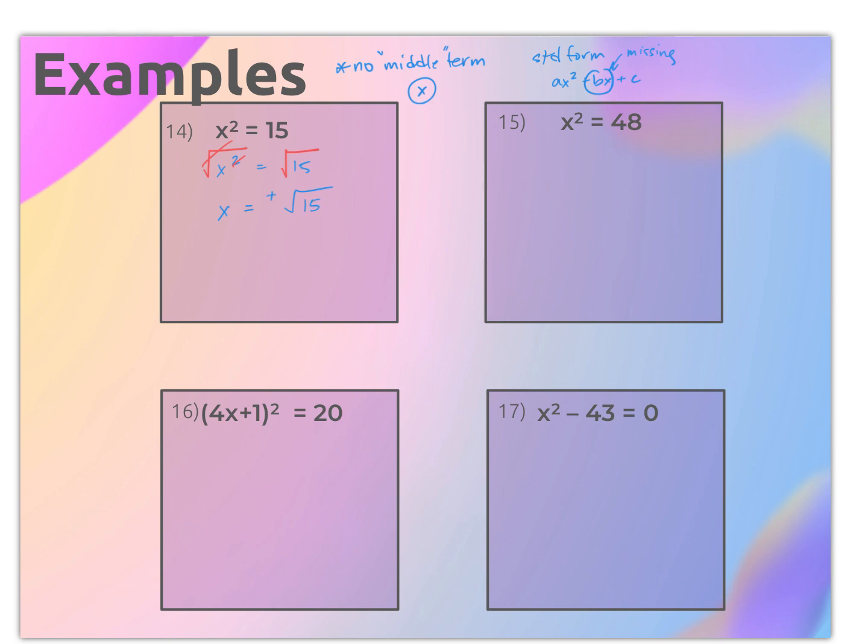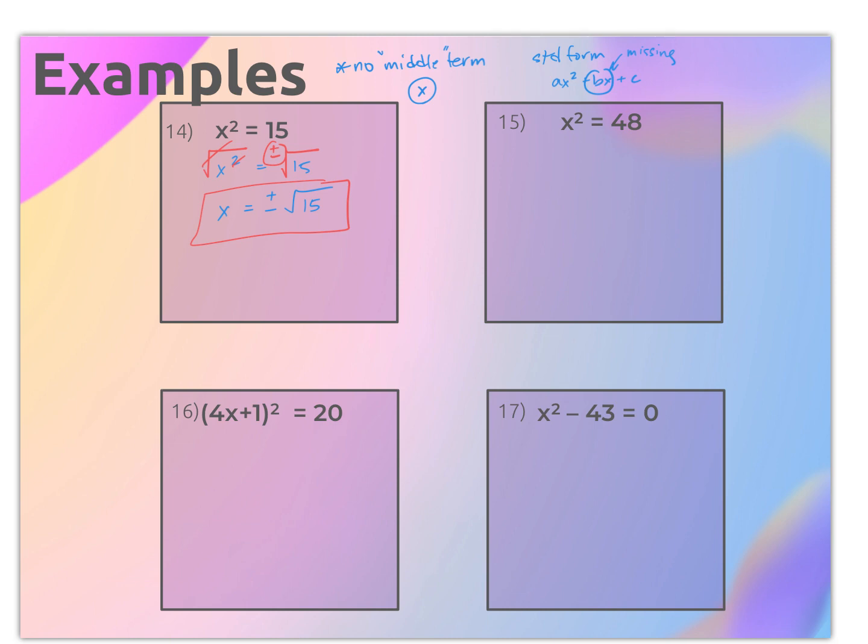Now I have to remember one critical thing, and I usually write it right up here. When I insert a square root or an even root of any kind, it could be a square root, which is a second root, or a fourth root, or a sixth root, I always insert a plus minus. And so I know that the solution to this problem is positive and negative square root of 15. That's going to be the answer there.